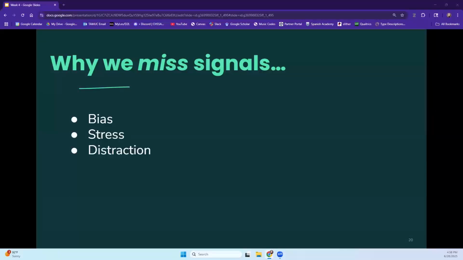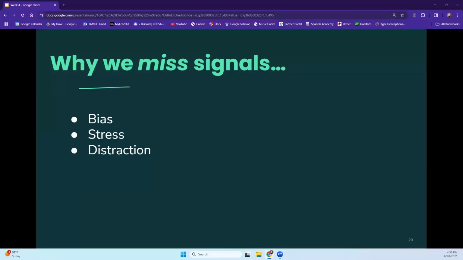But sometimes we're just wrong. We're not reading it correctly. Maybe we have low empathy, so we don't even see it. Or we have high empathy, but we're misreading it. So there are basically three common reasons why we miss emotional signals. And there's actually, I would say, a fourth one that I don't have here, and that also has to do with your neurological components.